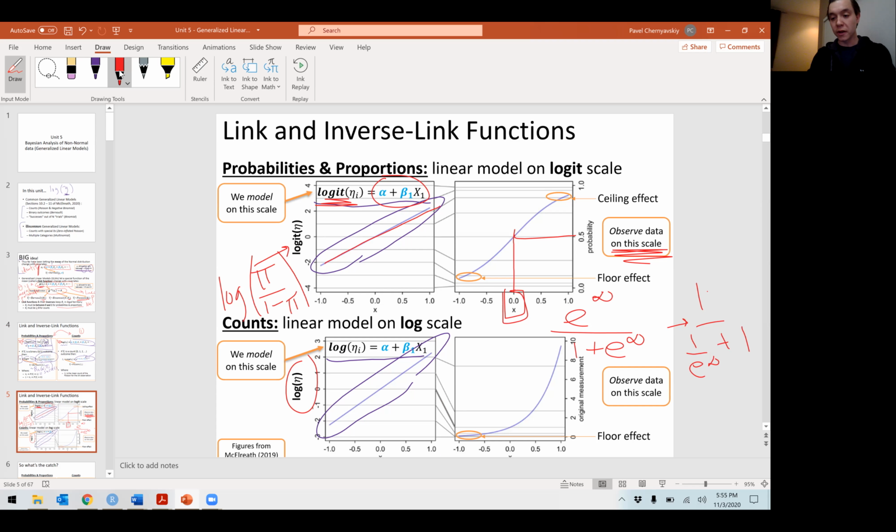So 1 over e to a very, very large number goes to 0. And we get 1 over 0 plus 1, so 1. So that's why we are introducing this ceiling effect when our linear predictor, or even x, approaches infinity. Our probability will just be approaching 1.